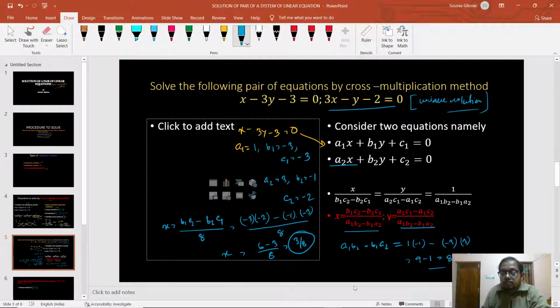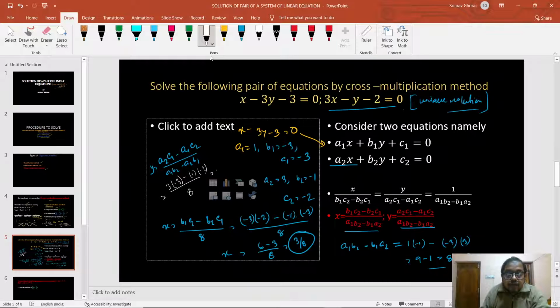Now we have to find the value of y. That is y is equal to a2c1 minus a1c2 divided by a1b2 minus a2b1. Already we know the value of a1b2 minus a2b1 is 8. The value of a2 is 3, the value of c1 is minus 3, minus the value of a1 which is 1, and the value of c2 is minus 2.